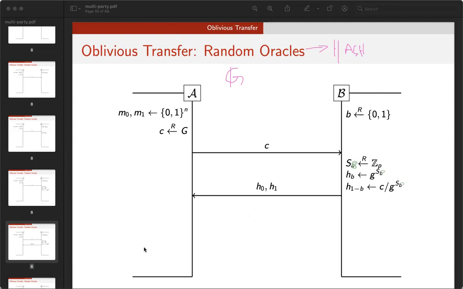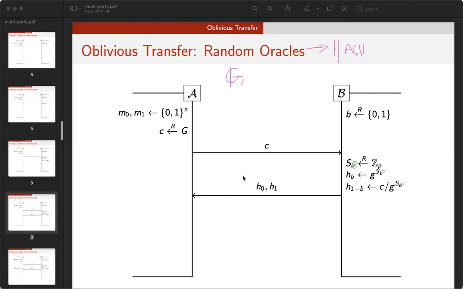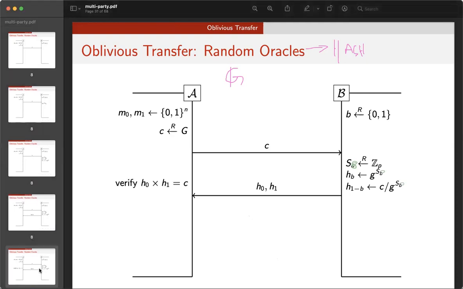Okay. So Bob has got these bits sampled, and he sent H0 and H1 to Alice. Alice first verifies that H0 times H1 equals C, right?